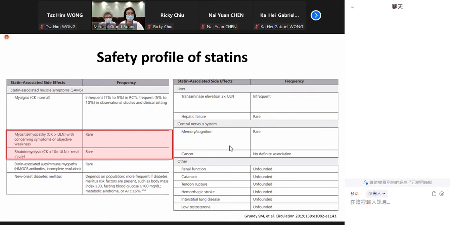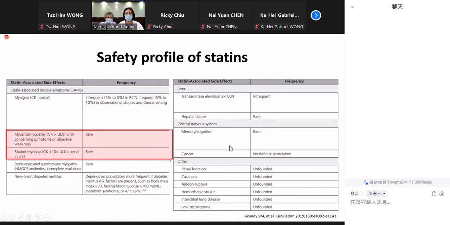However, when we're talking about more worrisome myopathies, such as people with rhabdomyolysis, actually this is relatively rare. So we're talking about people with a tenfold rise in CK above the upper limit of normal, and actually that's very, very rare.